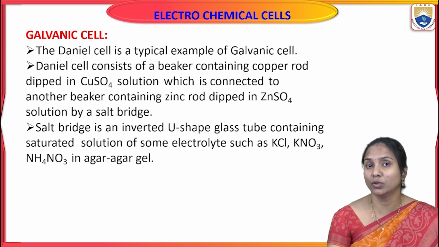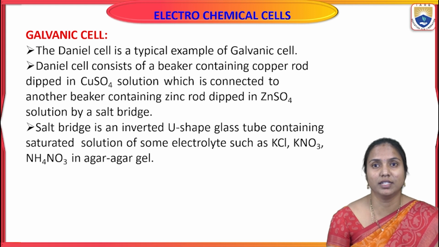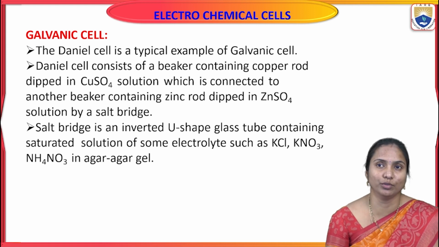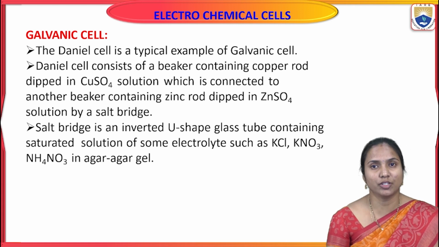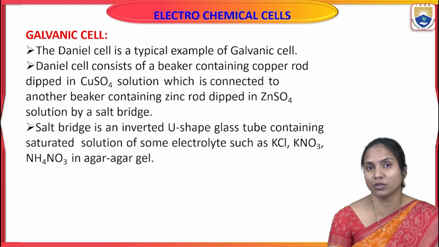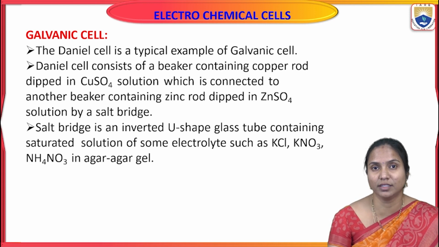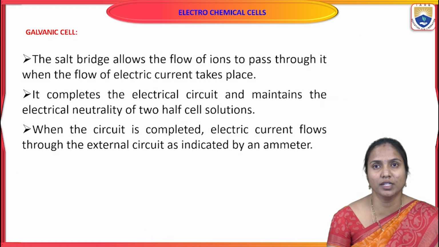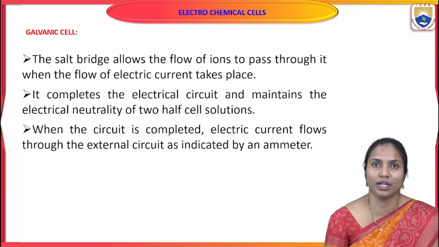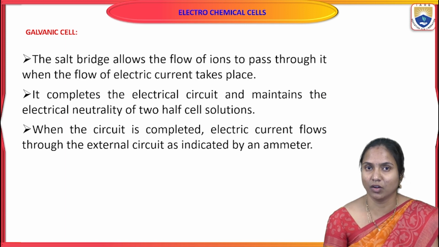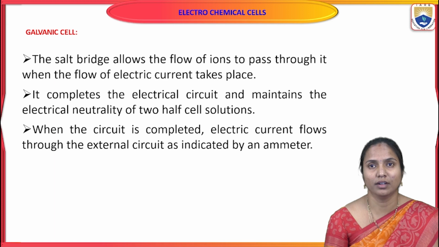It is an inverted U-shaped glass tube containing a saturated solution of an electrolyte such as KCl or KNO3 or ammonium nitrate in agar-agar gel. So what is the main use of the salt bridge? It maintains electrical neutrality between the two half cells, that is, the oxidation half cell and the reduction half cell.